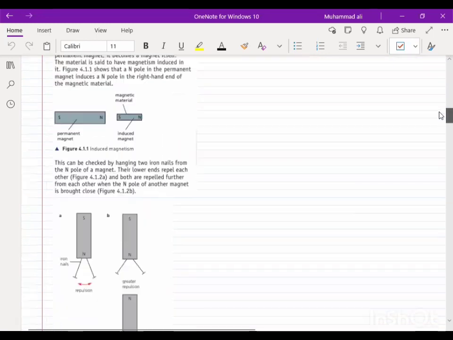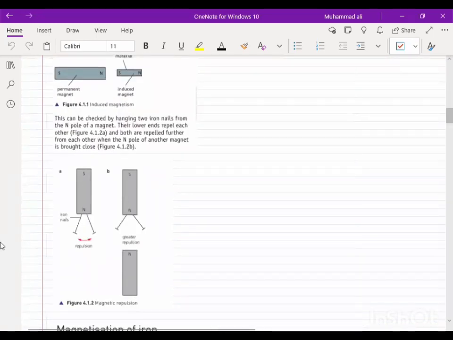If we look here, we also have a diagram. We can see that we have two iron nails. Iron is a magnetic material. So again, it's going to make it an induced magnet. If it's a north pole here, then it's going to be a north pole on the opposite end.